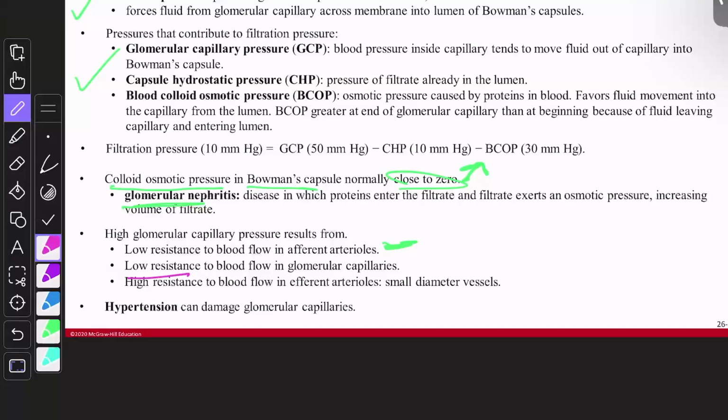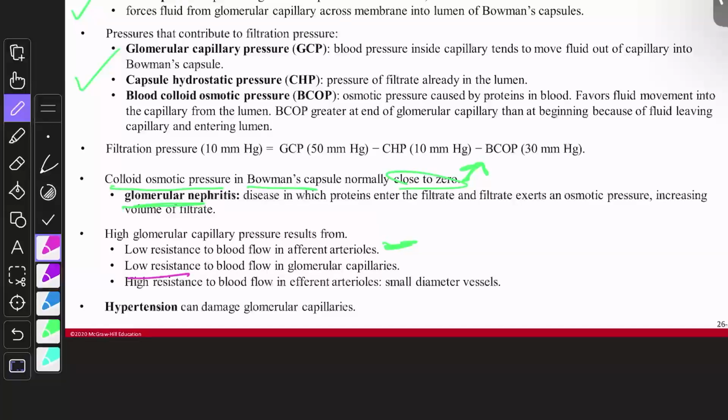Okay, we don't want to blow up the capillaries. We just want to raise the pressure enough that we can force the fluid out. Capillary damage in the nephrons, it happens, and we're going to talk about why in a minute. It is not hugely common, but it is common, particularly in people with high blood pressure. Think about that a minute.